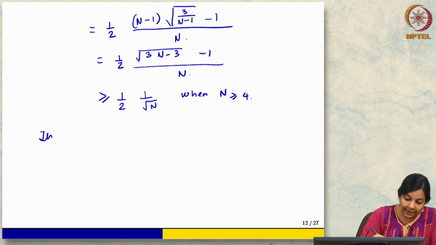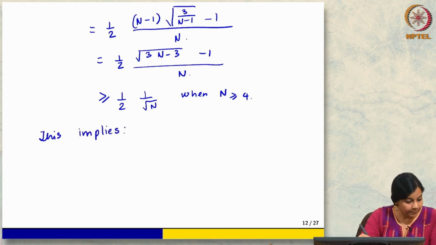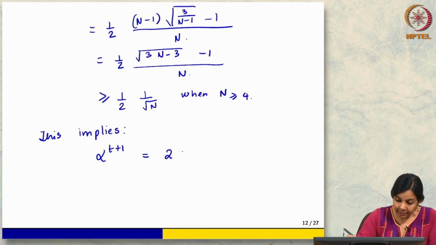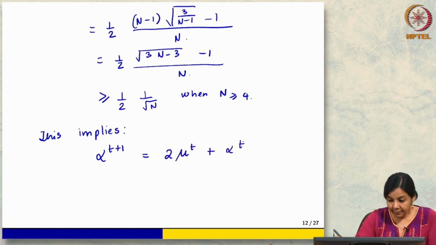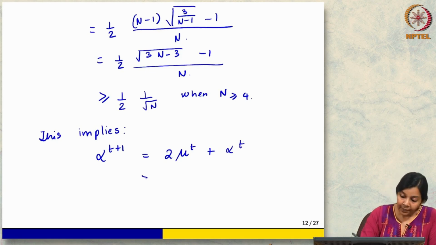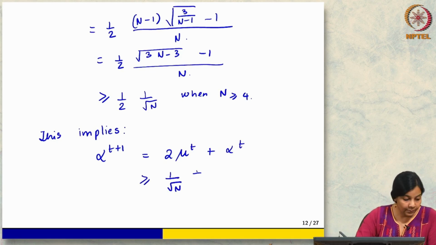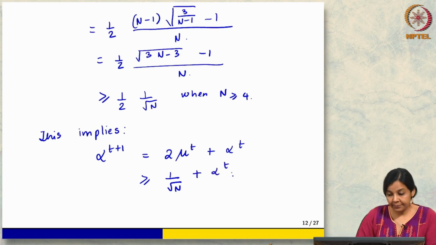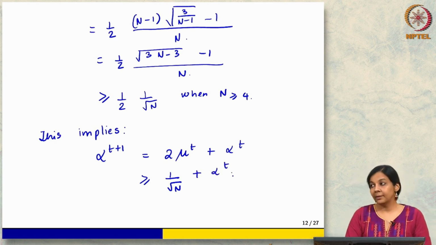So this implies that alpha t plus 1, which is 2 mu t plus alpha t, is greater than equal to 1 over square root n plus alpha t, which is what we wanted.